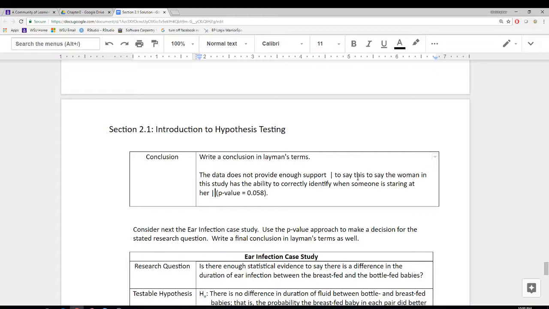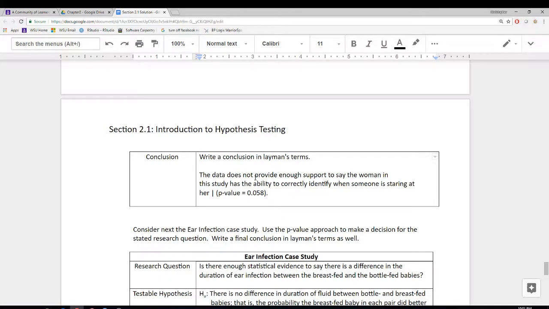So the data does not provide enough support to say that this, let me fix this here before I go any further. The data does not provide enough support to say, okay, I think I got that cleaned up.